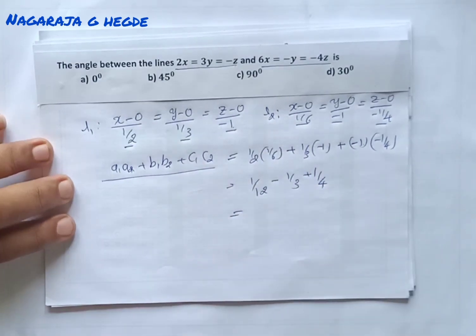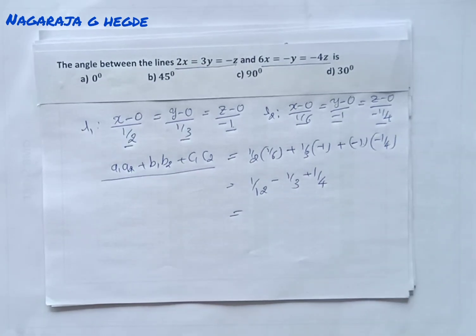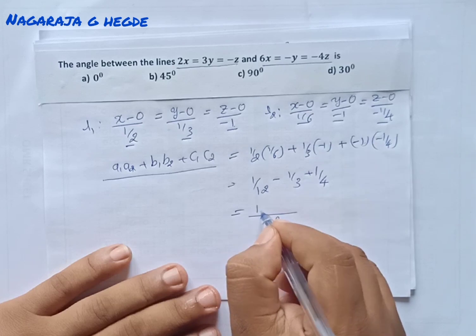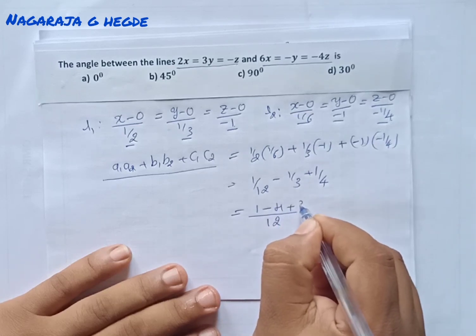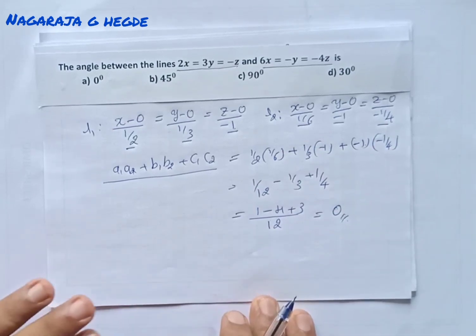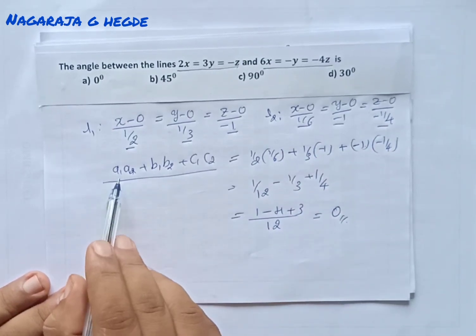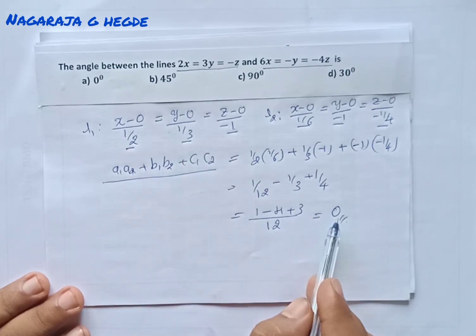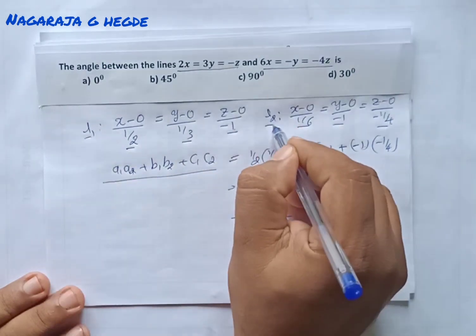This product will give, just observe, 1 minus 4 plus 3. So what are we getting? 0. So directly we got the product A1A2 plus B1B2 plus C1C2 equal to 0, which implies L1 and L2 are perpendicular.